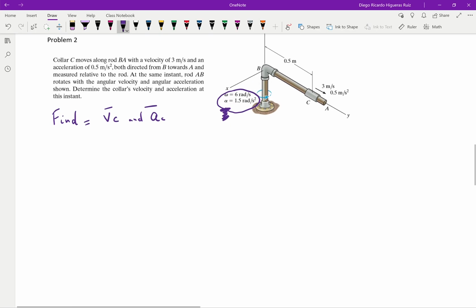So we're gonna start with velocity at point C because that's just gonna be easier using this reference frame.